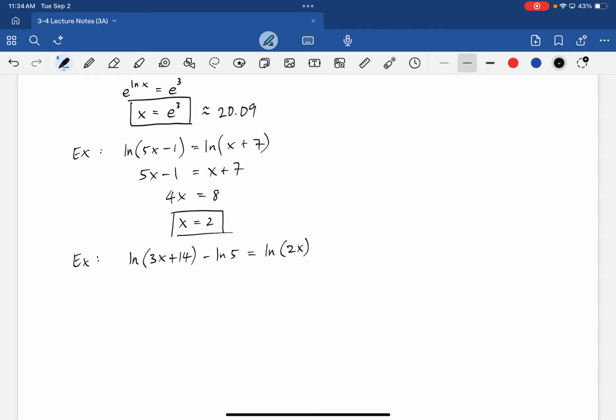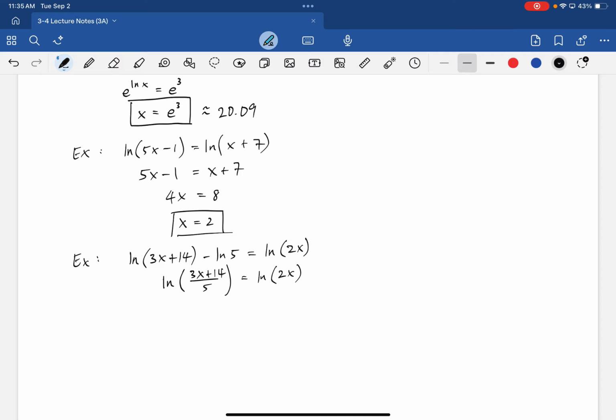By? Subtraction, division. Yes, that thing, right? So when we subtract two logarithms, that corresponds to dividing their inputs. So we can do that on the left side, which simplifies to ln((3x + 14)/5) equals ln(2x).